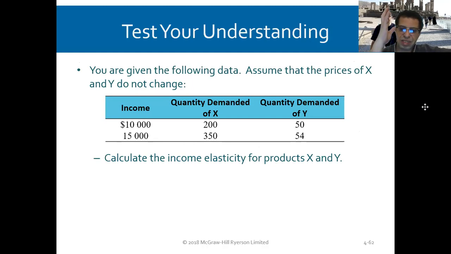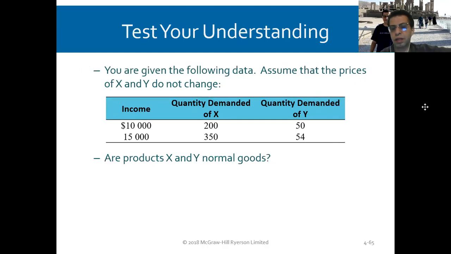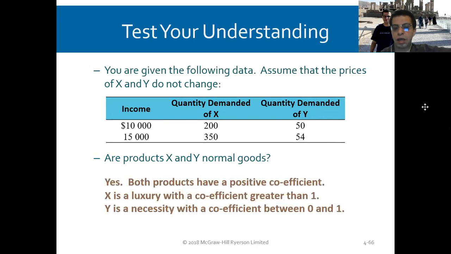So you have a stable price and your income changes here, and calculate the income elasticity for X and Y. Are products X and Y normal goods? Yes, because both products have a positive coefficient. If it's negative, then the product is, as we said, inferior.